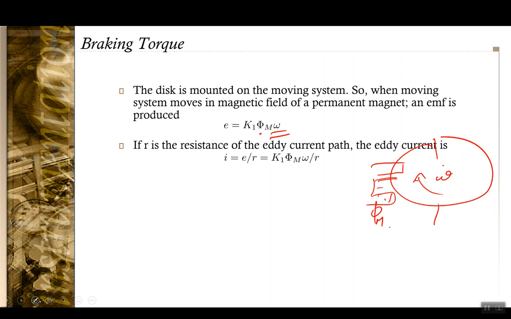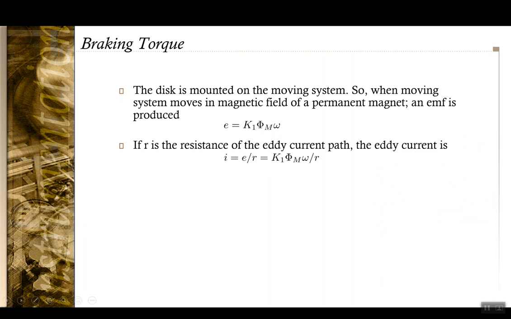Now if we say that R is the resistance of this eddy current path, then the current that is produced is E by R, and again that can be written in this manner.